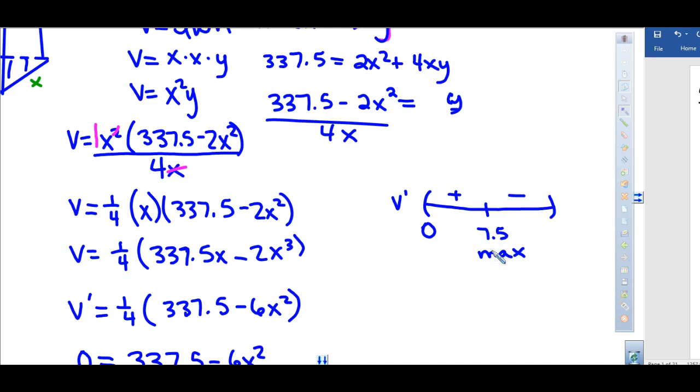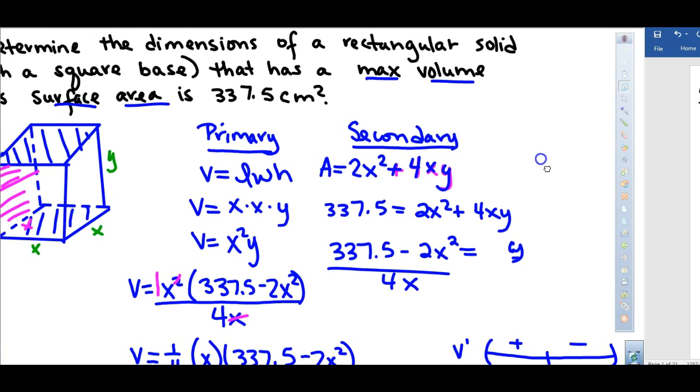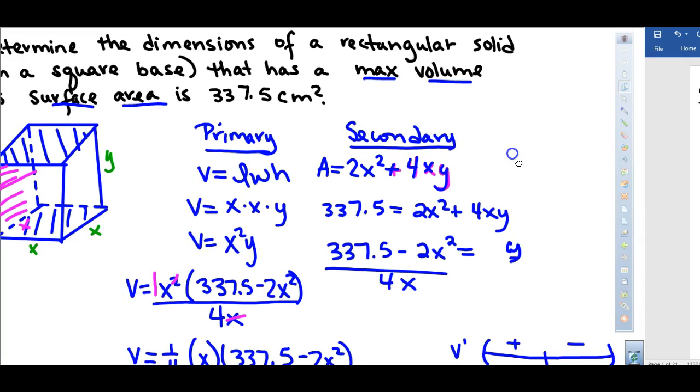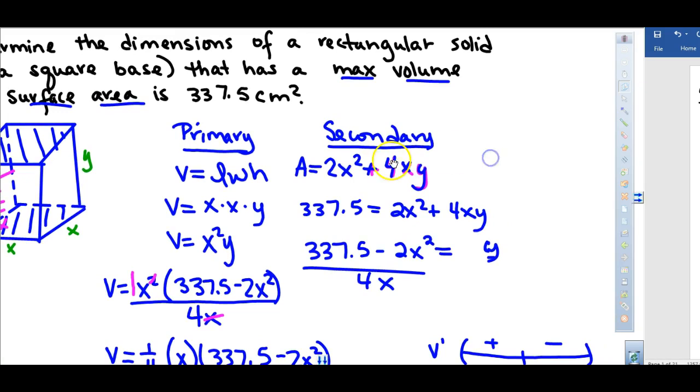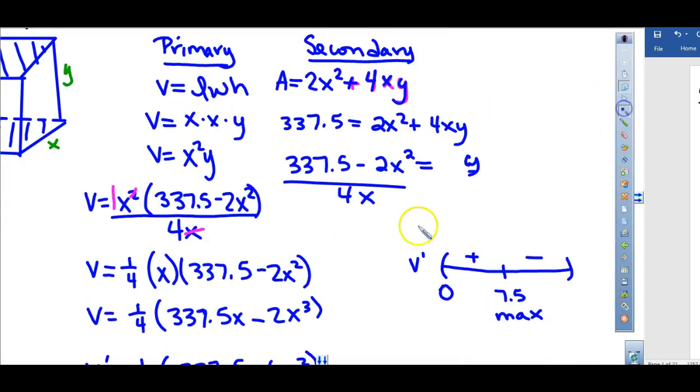And the problem is asking me for, look again, the maximum volume. Okay, right now I have the x coordinate that makes that the maximum. So what I need to do is figure out, well, what is the y coordinate? And then I can multiply together and figure out what that volume is.